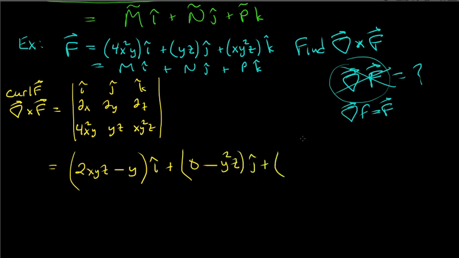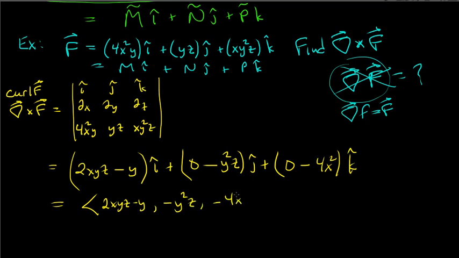And then for the k component, or the z component, it's the x partial of yz, which is 0 again, minus the y partial of 4x squared y, so that's just 4x squared, times k. So this is a vector field. Here are the three components, and this is the curl of F.